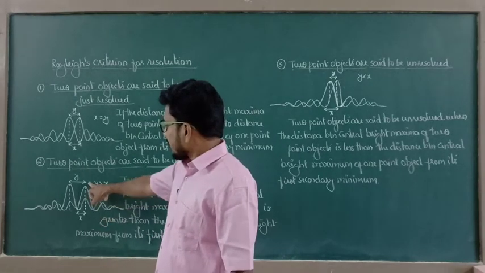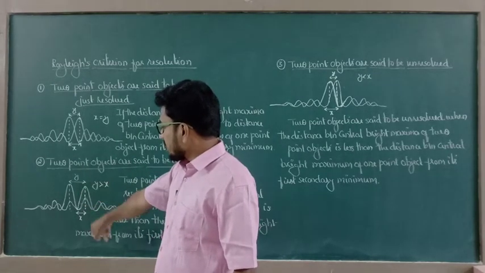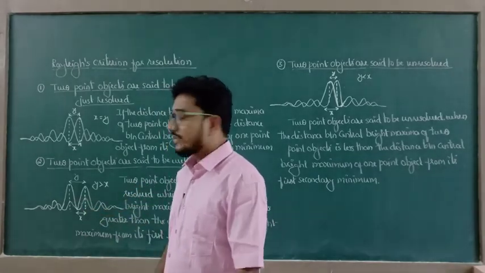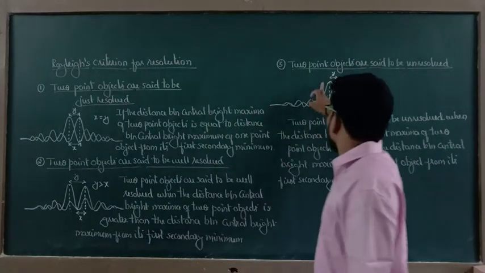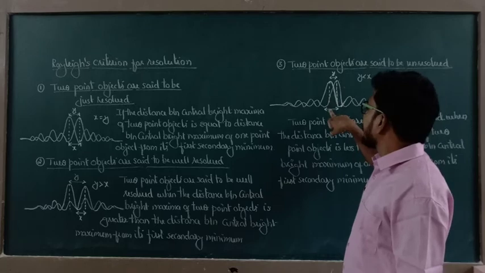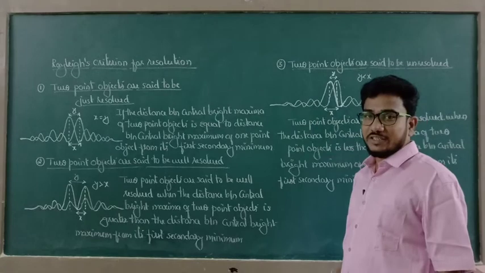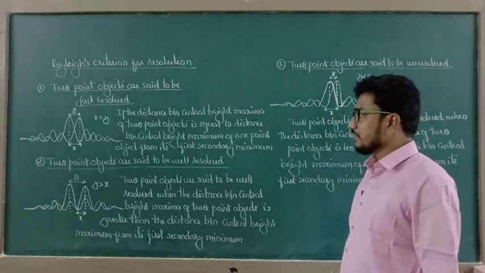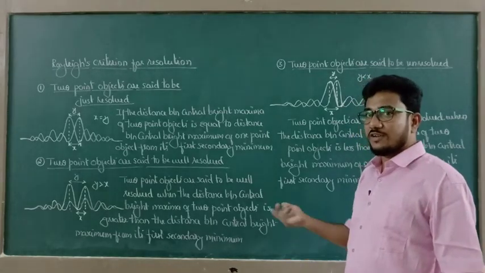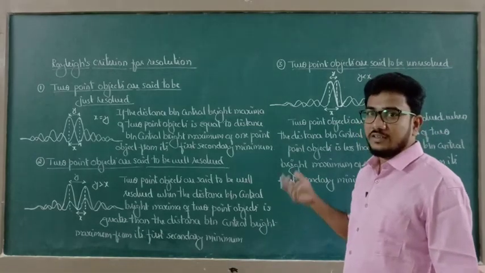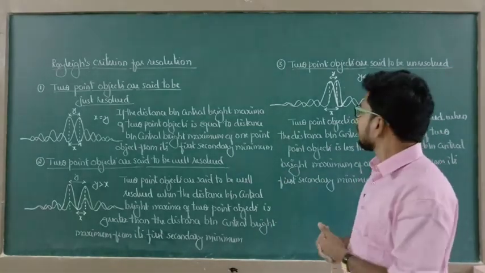So here the central bright maximum of 1 point object coincides with the first secondary minimum of another point object, that is y is less than x. Same definition. If you want, you can write those definitions also, or if these definitions are convenient, no problem, you can write these definitions in your examinations.